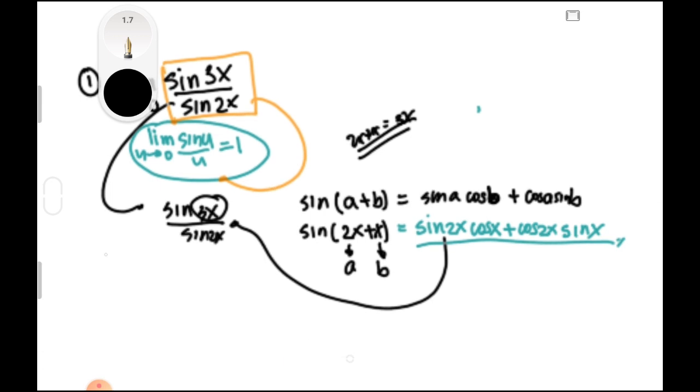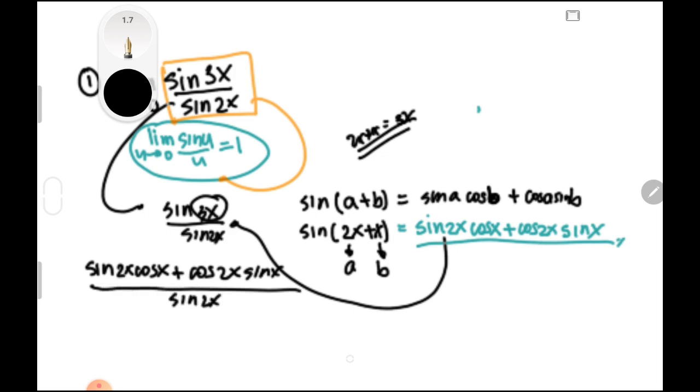So therefore we'll have a value of sine 2x cosine x plus cosine 2x sine x divided by my sine 2x.